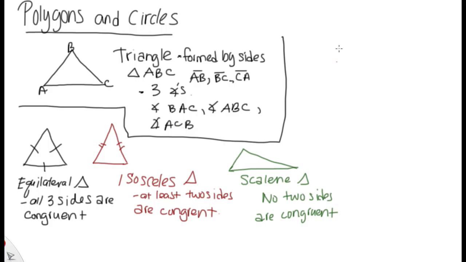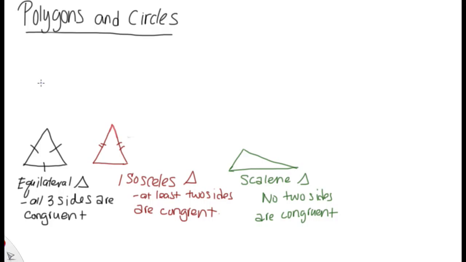An acute triangle is a triangle where all three angles are less than 90 degrees. Acute triangle. All three angles less than 90 degrees. This is the sign for less than.